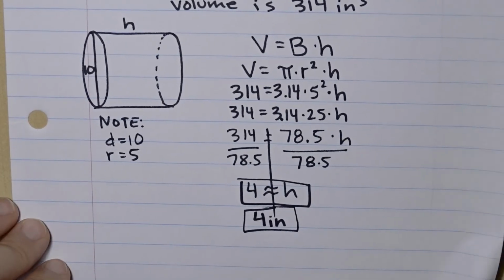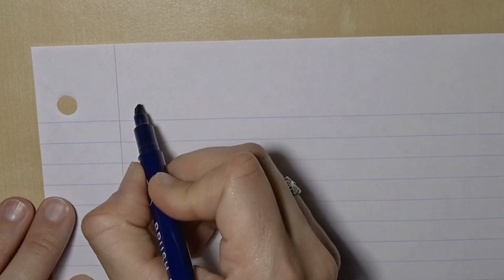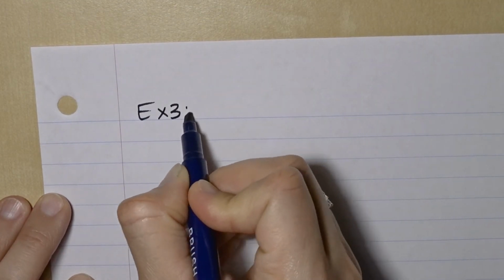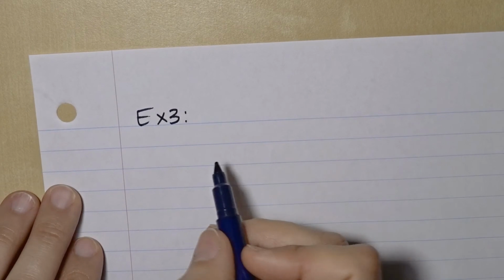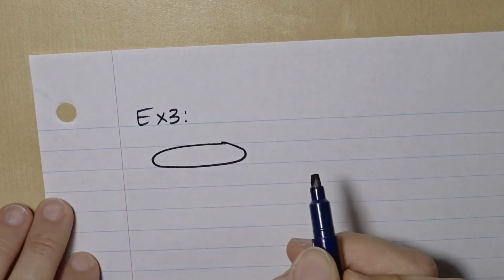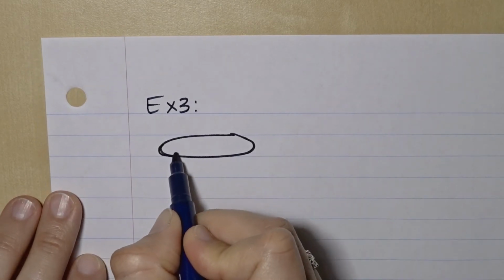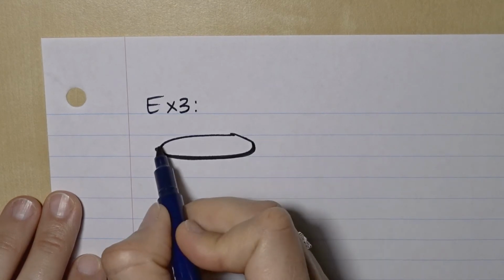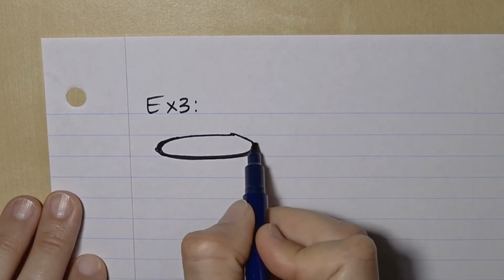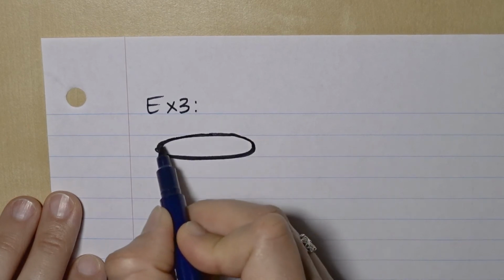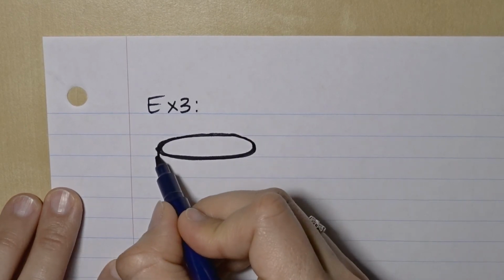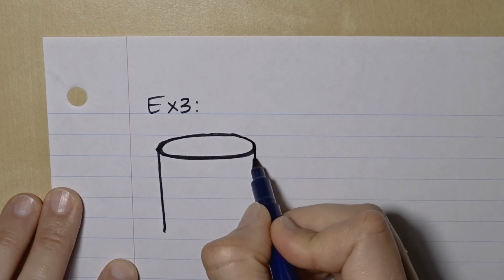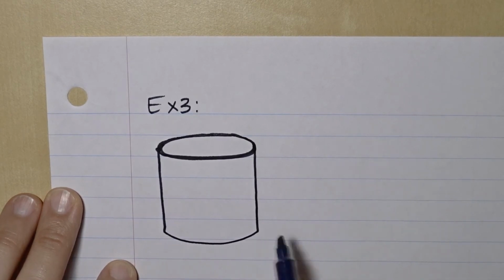And let's look at another example. Number 3. And we have a jar. They say it's a jar of salsa. I'm just going to make it look like a lid on the jar. And it's not full.